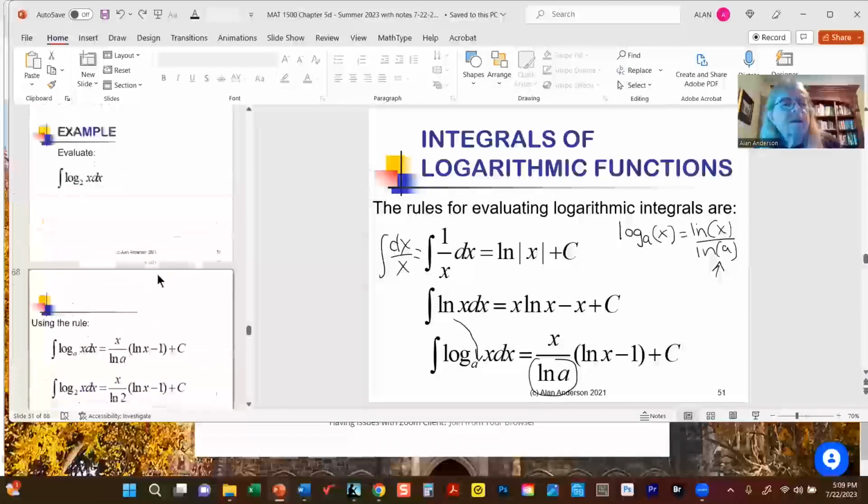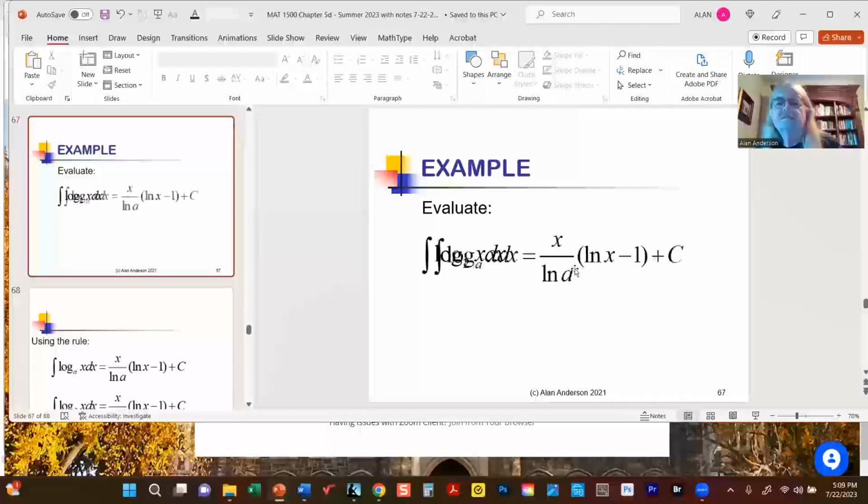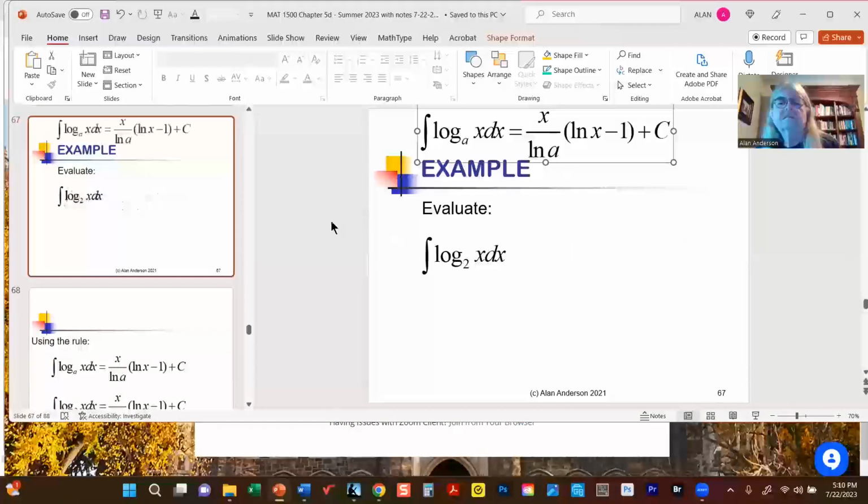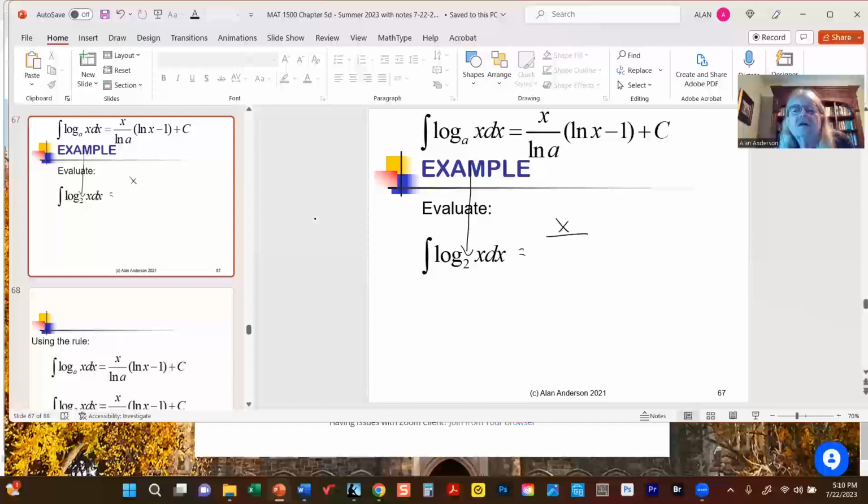Let's see, where was I? Oh, well, then, it's already in the right form. It's just that a is 2. That's the only thing we have to note here. So we'll end up with x over log 2 times ln x minus 1, plus c.